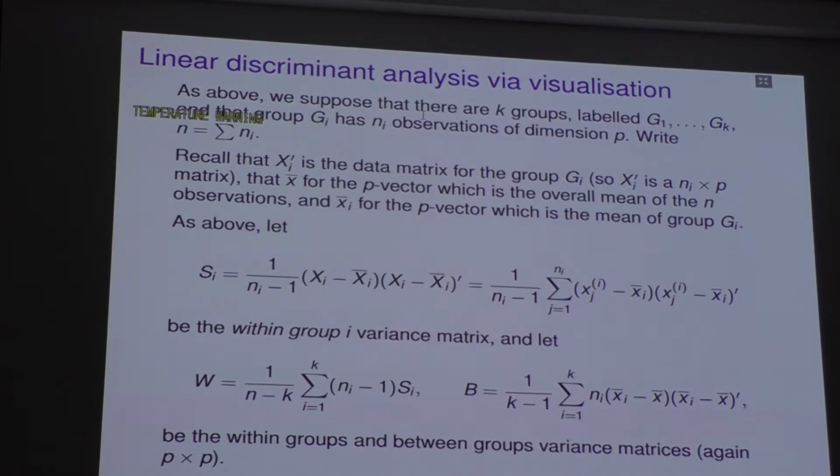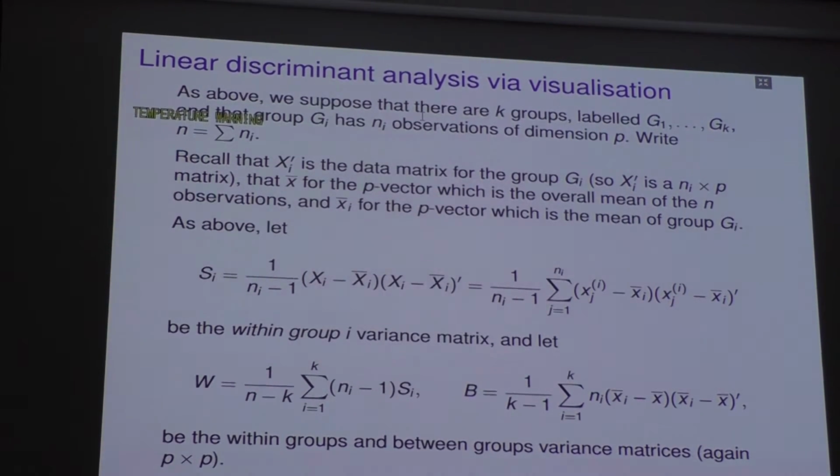The W is basically working out the sum of all squares of something in one group minus something else in the same group, and adding those up and taking some average. And the B is doing the same thing with something in one group minus something in a different group, all being squared.